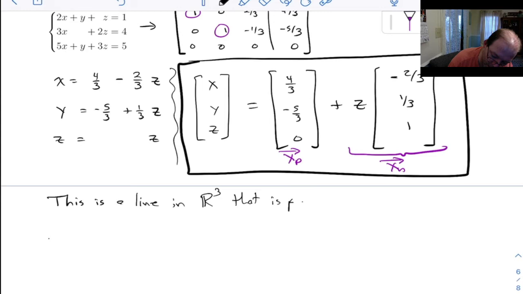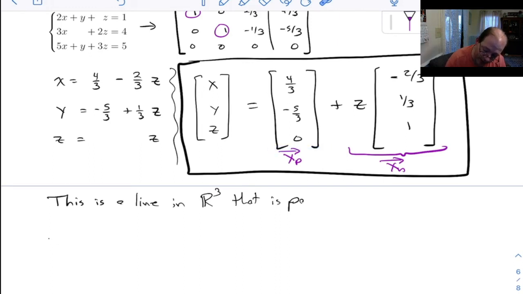that is parallel. Well, let me talk about two things. This right here, you can think of this as kind of like the slope. This vector forms the solution to the associated homogeneous system. That's a line through the origin. This over here tells you how far to shift off of the origin.